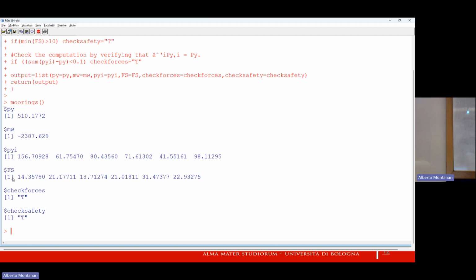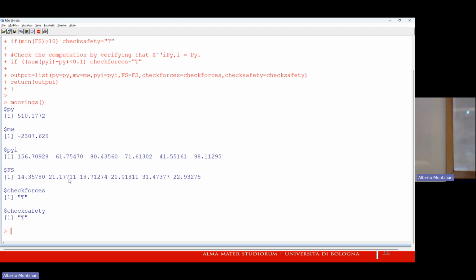And this is the forcing along the mooring lines. And then these are the checks that the safety factor is respected, and the sum of the Y component is equal to the wind forcing.